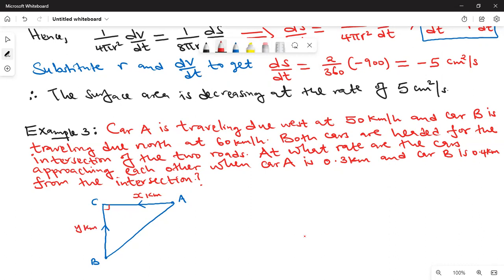So what are we saying? That let x be the distance of car A and y be the distance of car B from the intersection.